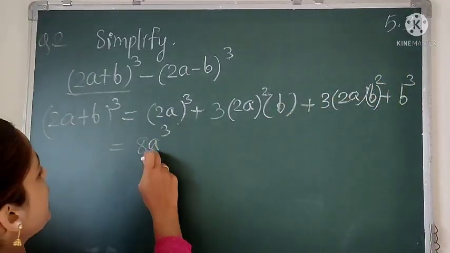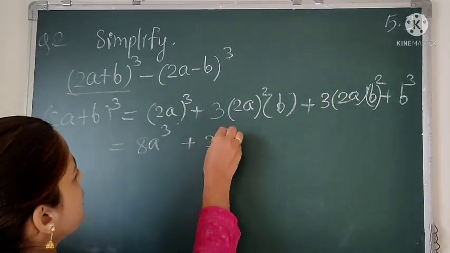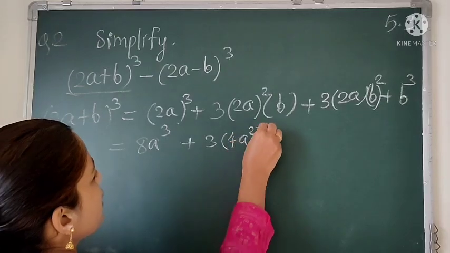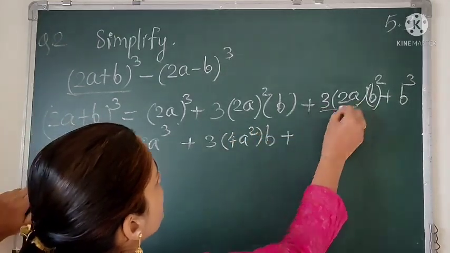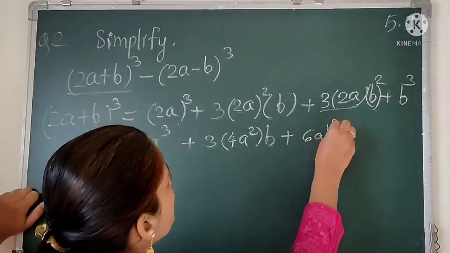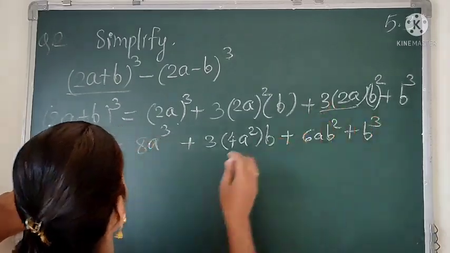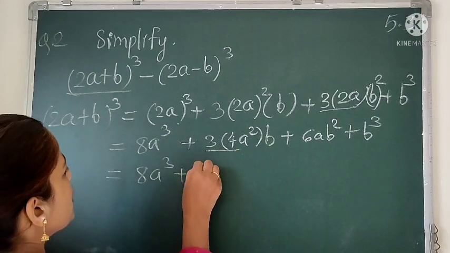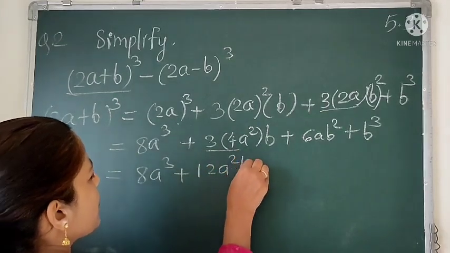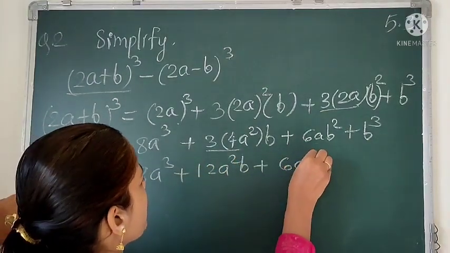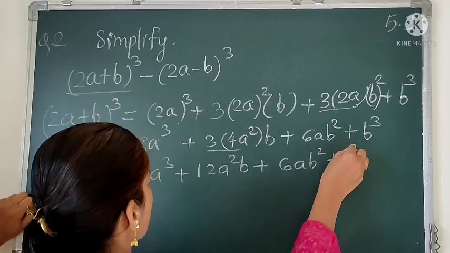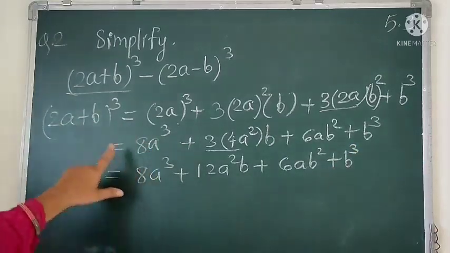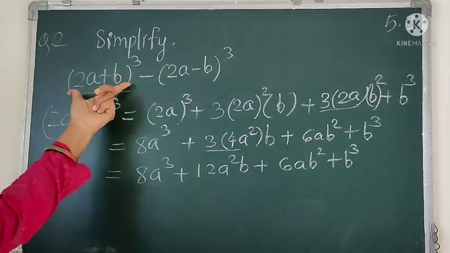This cube is 8a cube plus 3 into 4a square into b, 6a into b square plus b cube. So 8a cube plus 12a square b plus 6ab square plus b cube. This is the expansion of the first term.